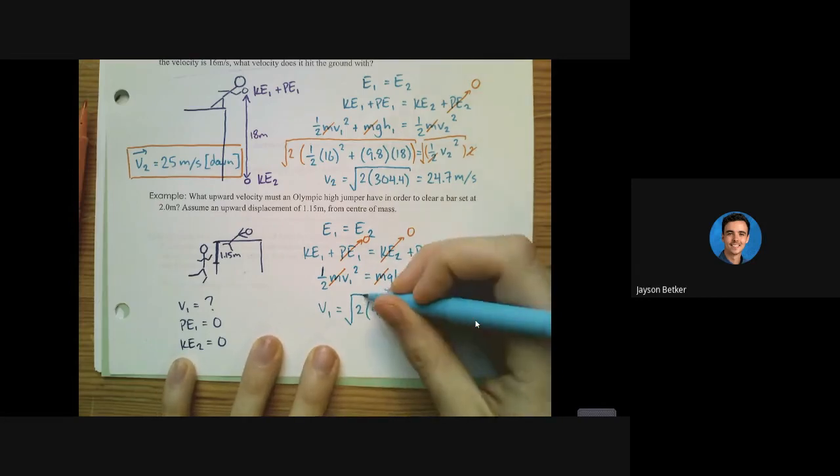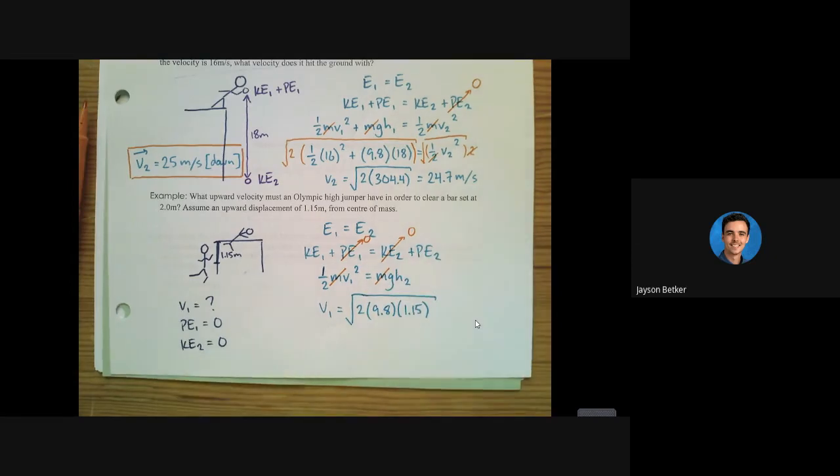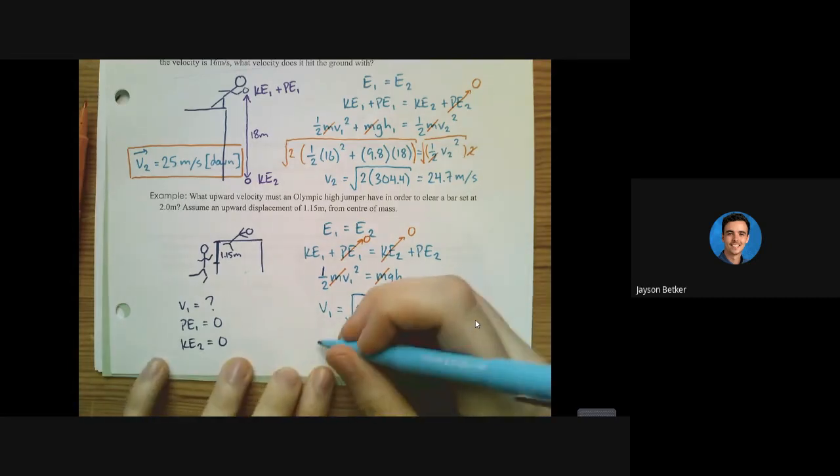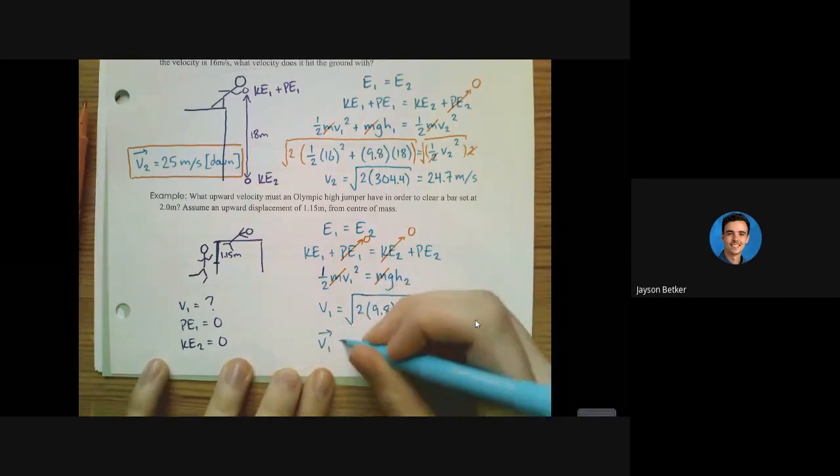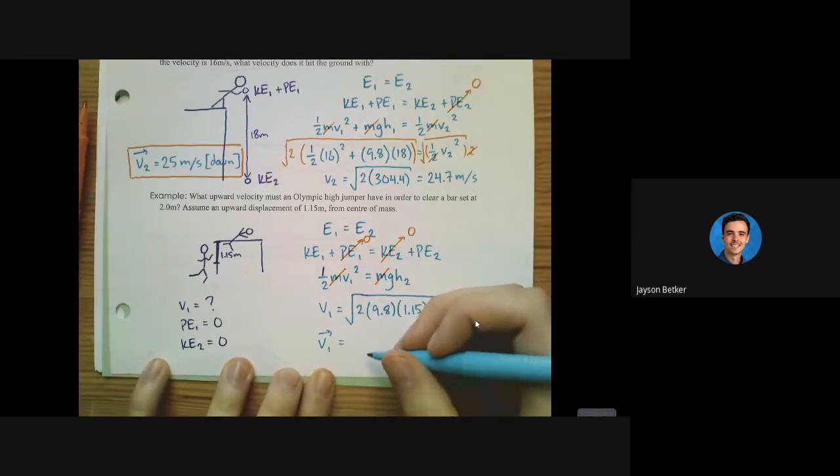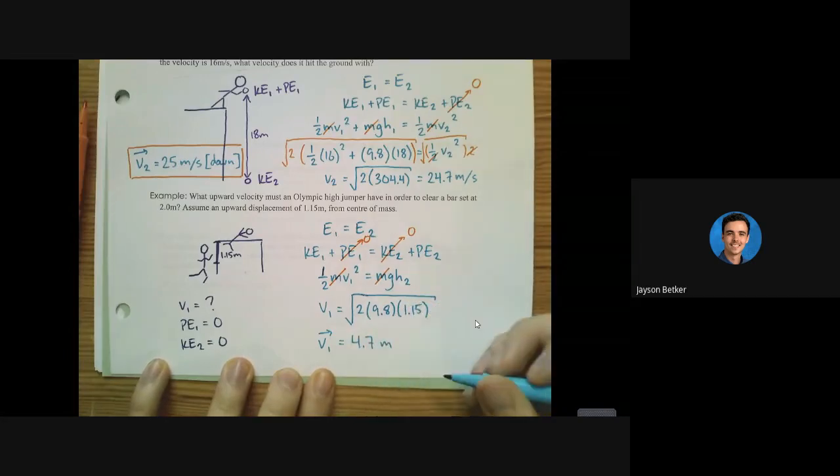That was the height that we jumped. And there you have it. So 2 times 9.8 times 1.15, and then the square root of that should give me that V1, the initial required velocity, is 4.7 meters per second. And they have to jump up.